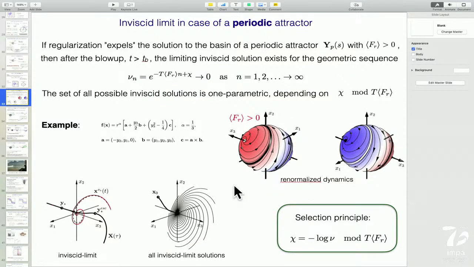Then in 3 dimensions, we can arrange another situation. We can arrange periodic attractors. This is an example shown in these small letters. But anyway, this is an explicit vector field of the form that we considered, and it has the property that there is a period. This is a rescaled system, and a rescaled system lives on a sphere.